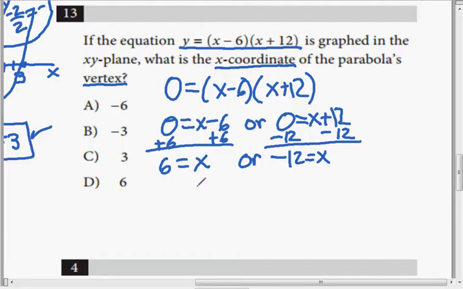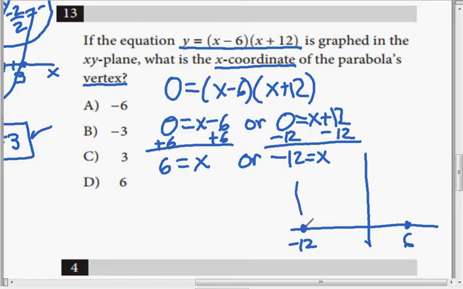But just to visualize this problem, I'm going to go ahead and put that on the graph. I have my negative 12, and I have my 6. Once again, I don't have room to properly draw the curve, but I know that halfway in the middle is my vertex. I need to know what's in the middle of negative 12 and 6.